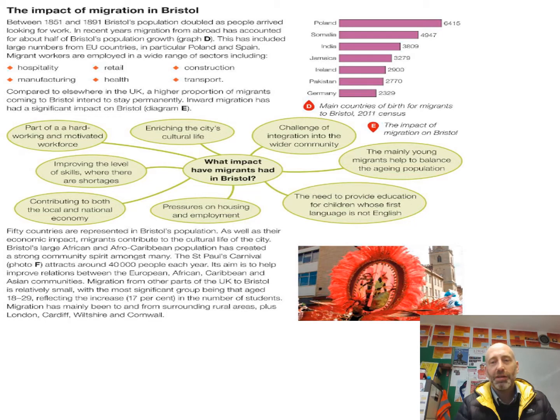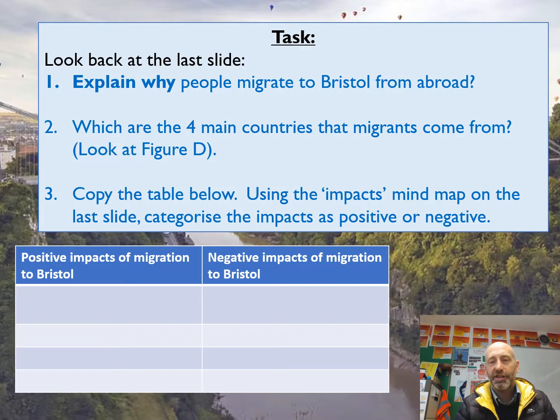Okay, so you're going to be using this slide to answer the questions. What I'd like you to do is, first of all, explain why people have migrated to Bristol from abroad. So you might need to look back at the last slide and think, what is it about Bristol that's encouraged people? What links does it have with other countries that have encouraged people to move there?